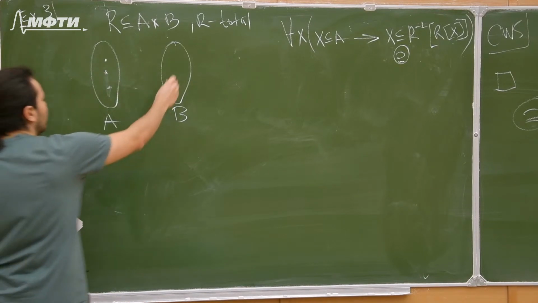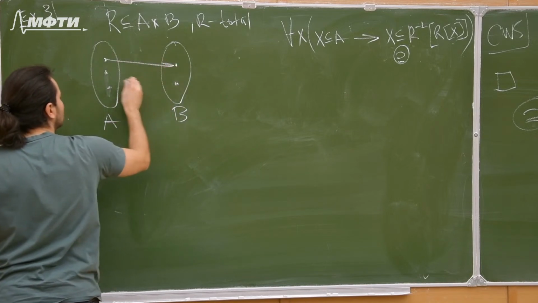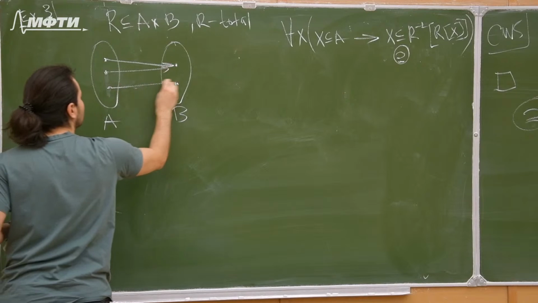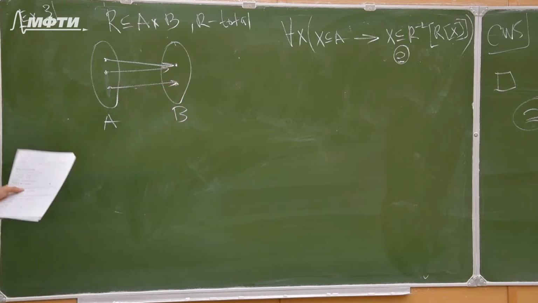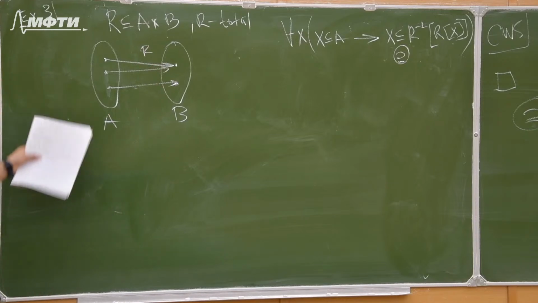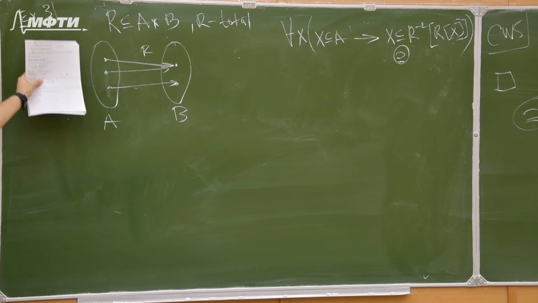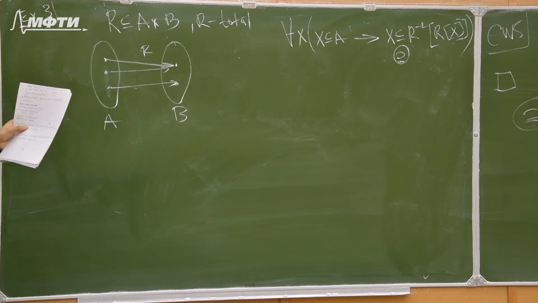What if we have, for example, just 2 elements in B? So we can have this. This works. So this is R. So we have that R is total here.